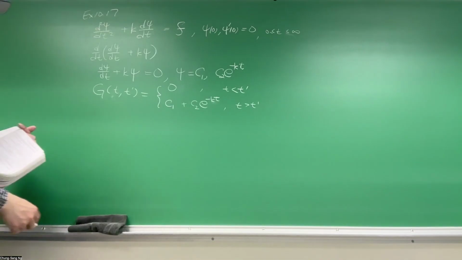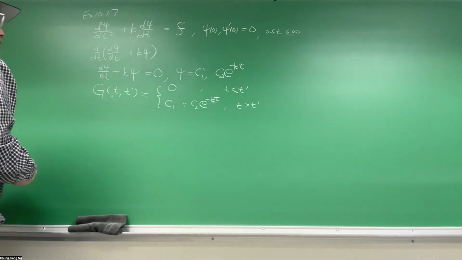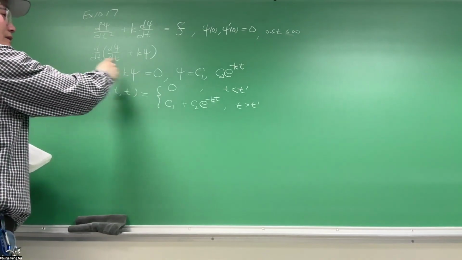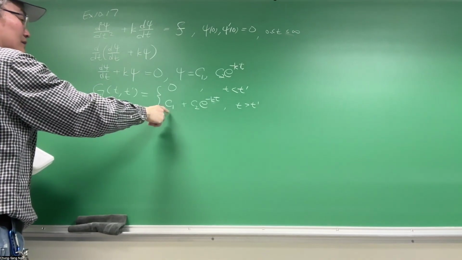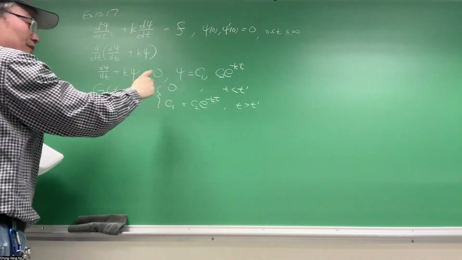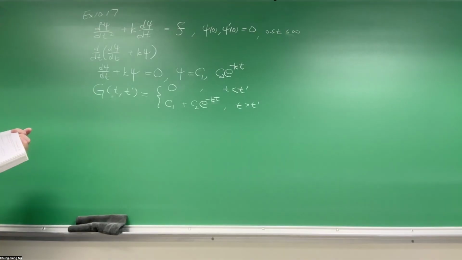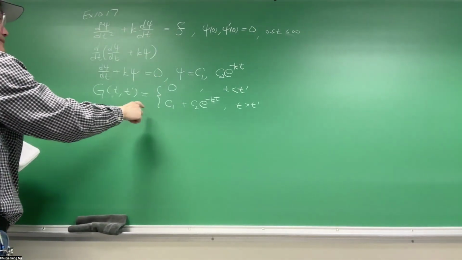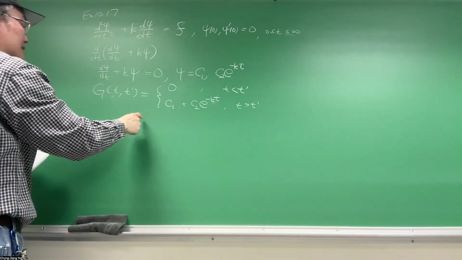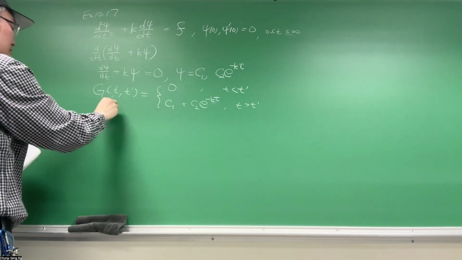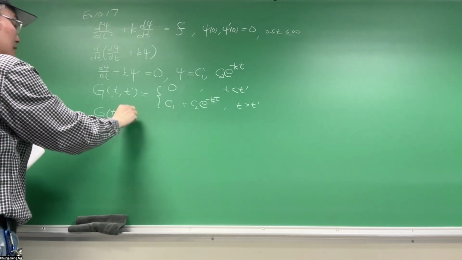Right, so that does it, and now we do the same thing. Unlike what we did last time, we are not using the symmetric form, like y1, y2, because this is not a self-adjoint form. Now impose the continuity condition at t equals t prime.